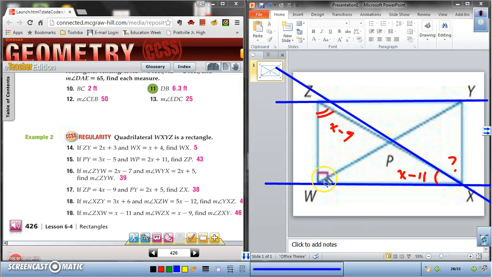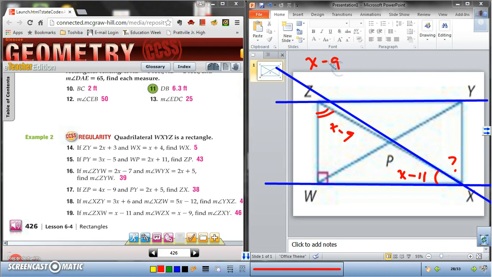And again, I have two parallel lines being cut by a transversal. And in this case, the angles that were given to me in the problem are consecutive interior angles. They're both on the inside, and they're both on the same side of the transversal. Consecutive interior angles have the relationship of being supplementary.